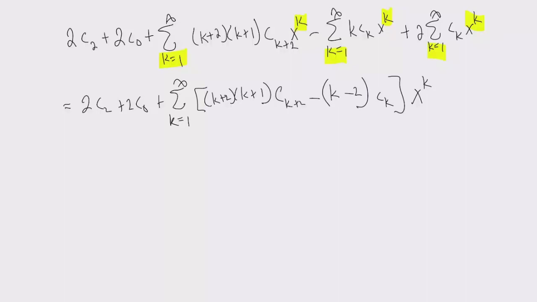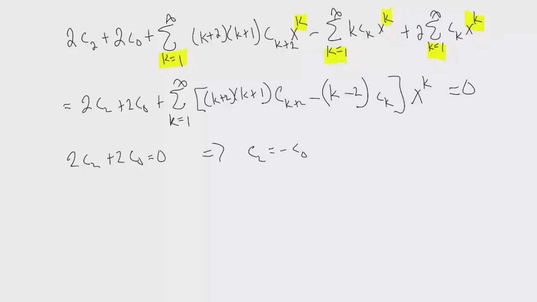So, all right, so now what? Well, this whole expression equals 0, which tells us a couple of things. We know that 2c2 plus 2c0 has to be 0, which implies that c2 has to equal negative c0.